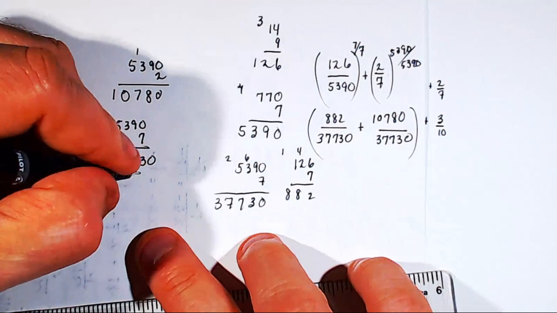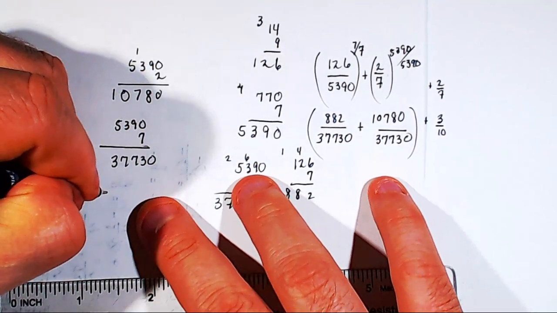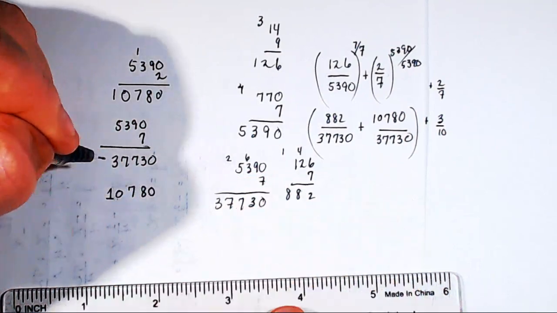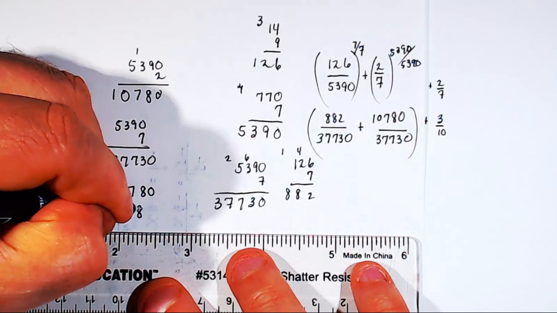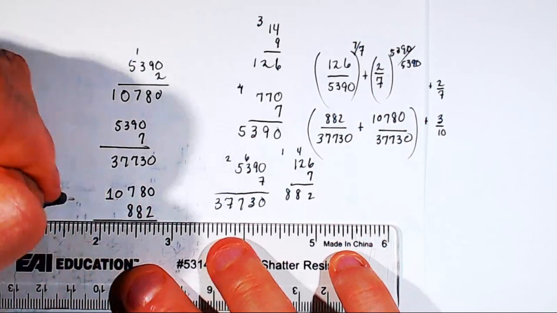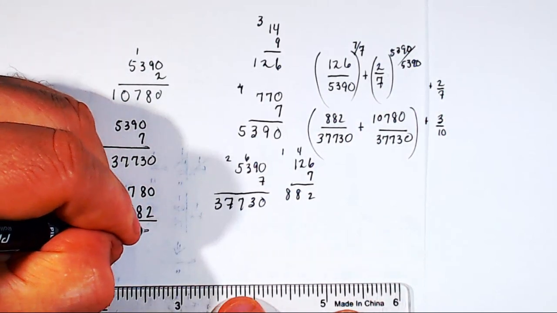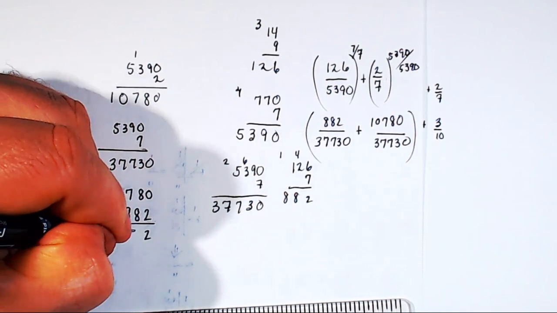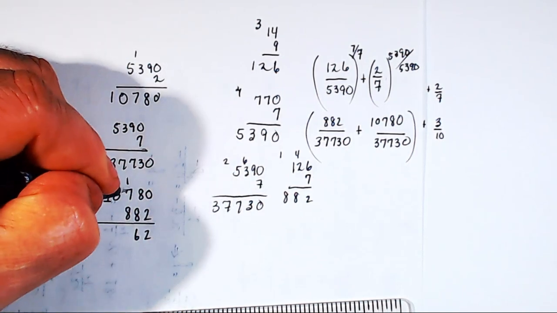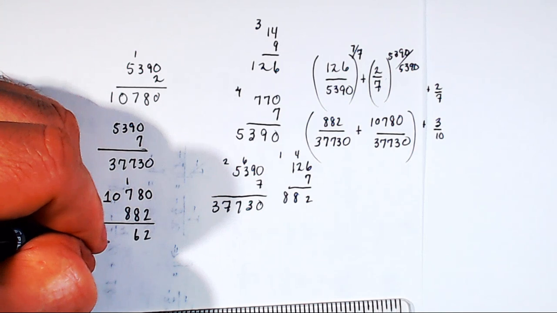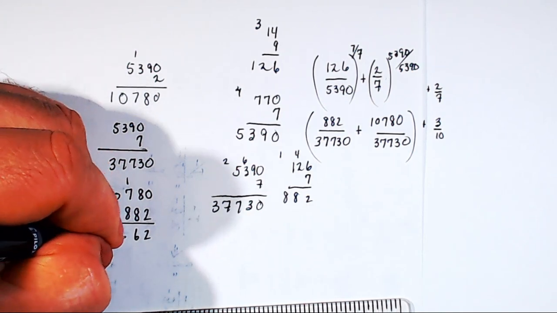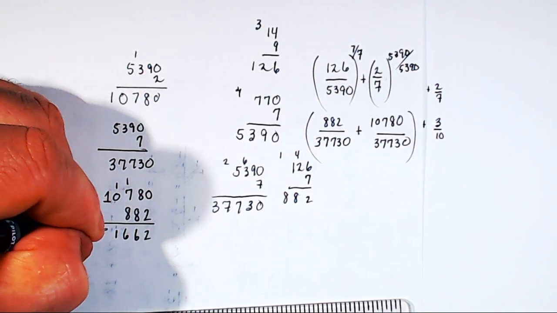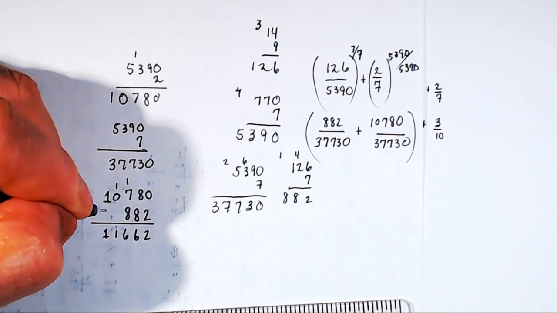Okay, so the question is, I've got a common denominator, what is 10,780 plus 882? Well, 0 plus 2, what is that? 2. 8 plus 8 is 16, carry the 1. 7 plus 8 is 15, carry plus 1 is 16. Carry the 1, 0 plus 1 is 1, 1 plus 0 is 1.